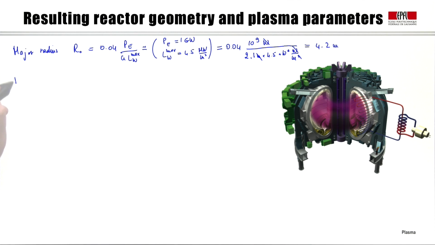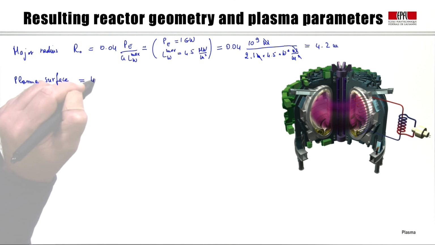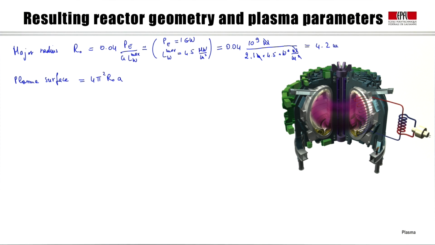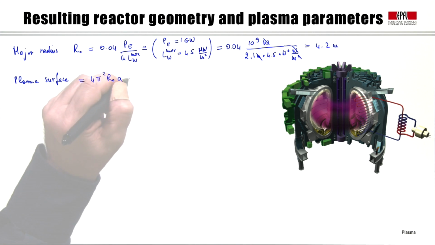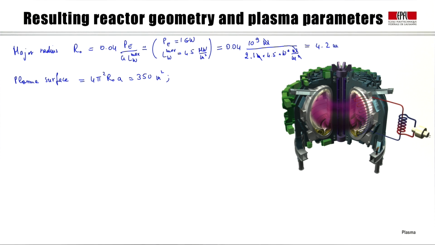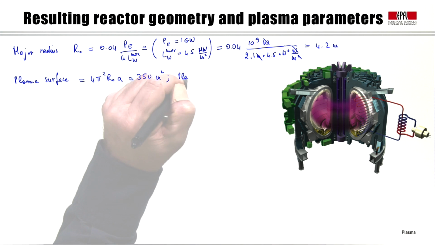We can therefore evaluate the plasma surface. That's 4 pi squared R0 A, and that's about 350 square meters.